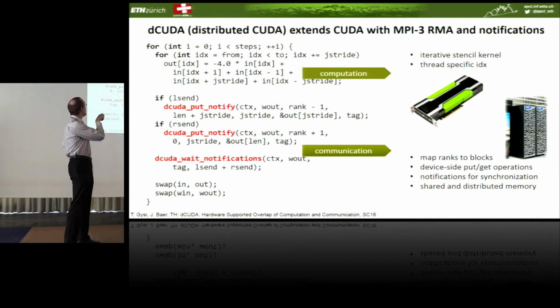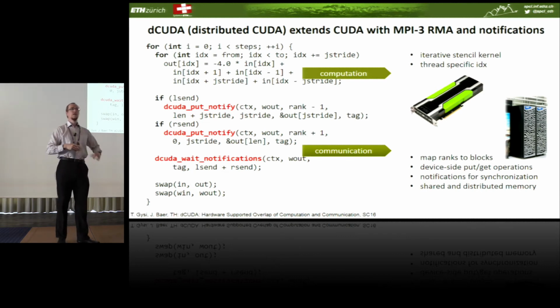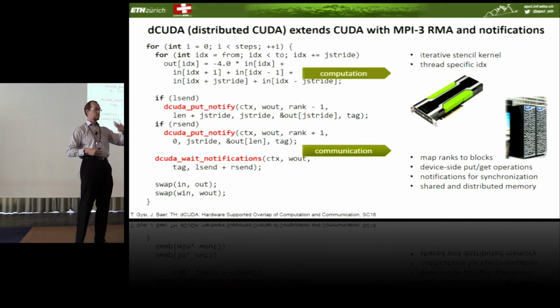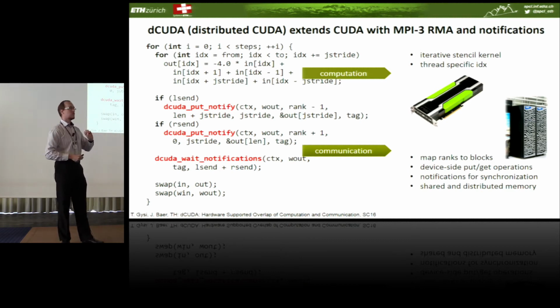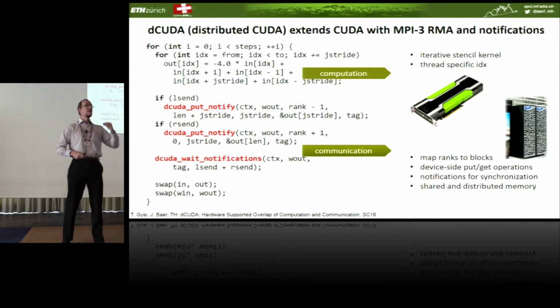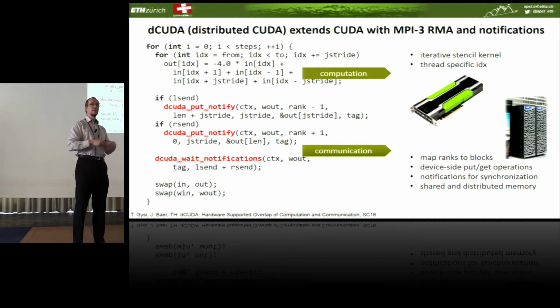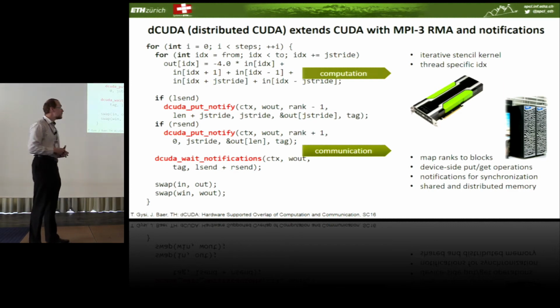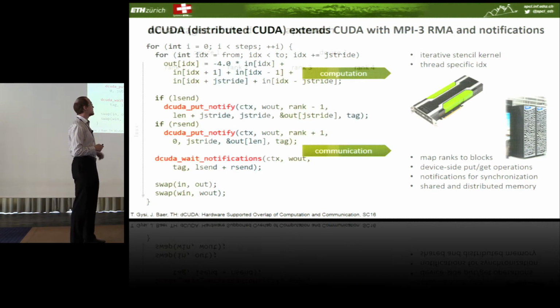Well, this will execute this code, and then as soon as this dCUDA put notify executes, the GPU will issue a request to the communication hardware, let's say it's an InfiniBand driver, going through more craft than I want to mention here. But then it'll actually be descheduled because it cannot progress, and some other GPU thread will automatically be scheduled. So we get this nice benefit of overlapping computation and communication that we already have for free in the GPU context. Okay?